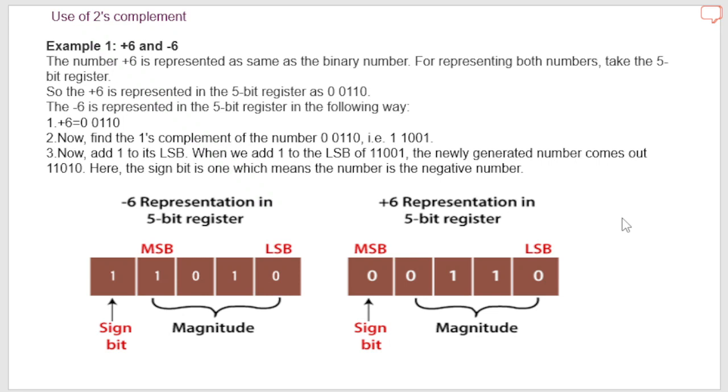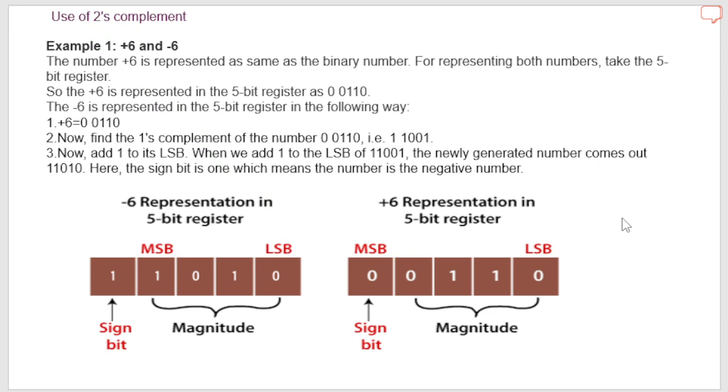So guys, this is the use of 2's complement. 2's complement is used for representing signed numbers and performing arithmetic operations such as subtraction and addition. Positive numbers are simply represented in magnitude form, so there is nothing to do for representing positive numbers.